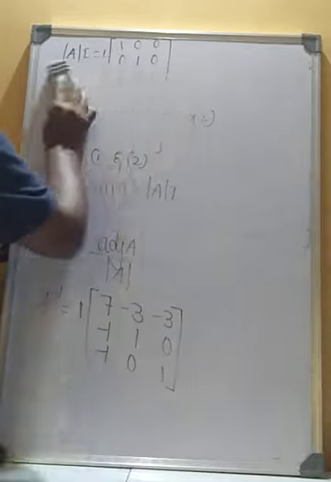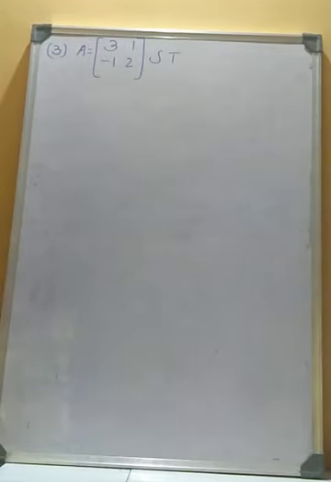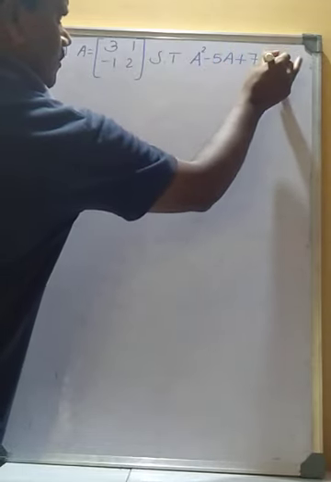The next example, example 3. If matrix A equals 3 1, minus 1 2, show that A square minus 5A plus 7I equal to 0.